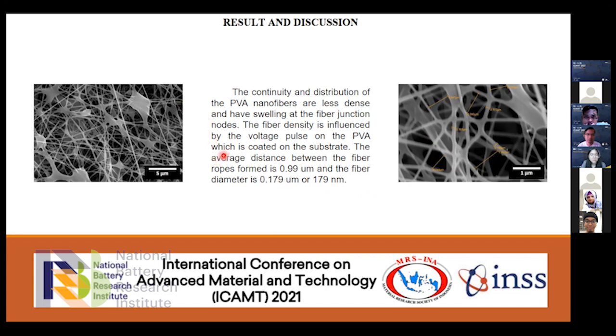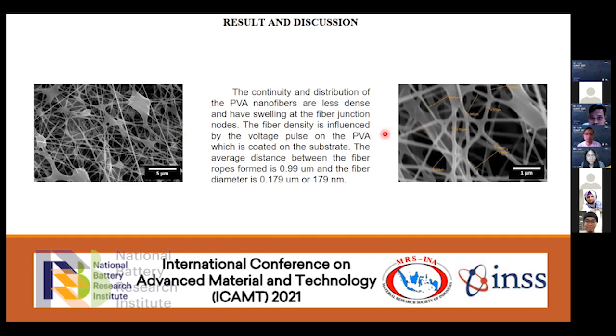On the left is the PVA nanofiber produced with 15 volts of input voltage to the high voltage electrospinning. And on the right, with a different magnification, you can see the size.